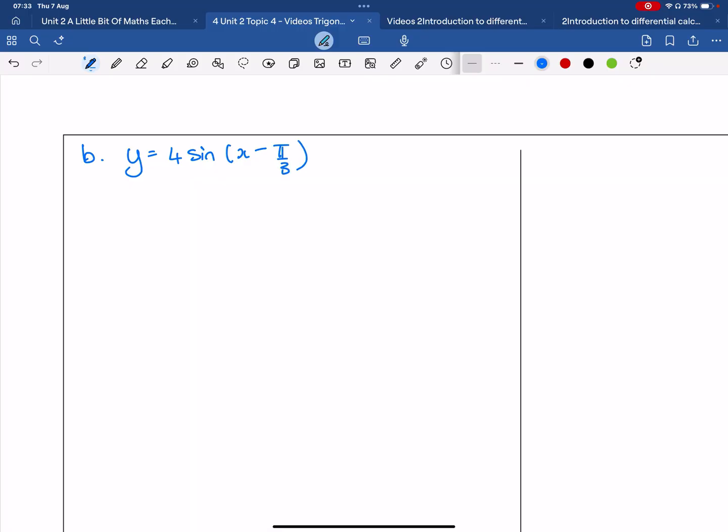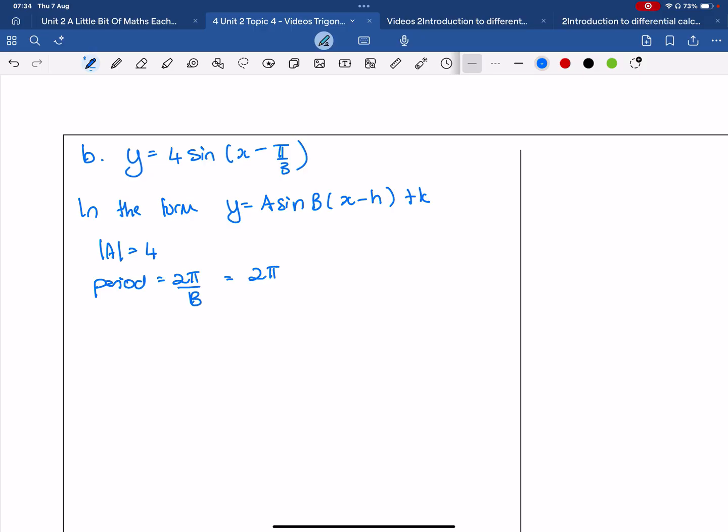And you've done this in methods, in the form y is a sine of b x minus h plus k. Your amplitude is going to be 4. Period's going to be 2 pi over b, so your period is 2 pi.